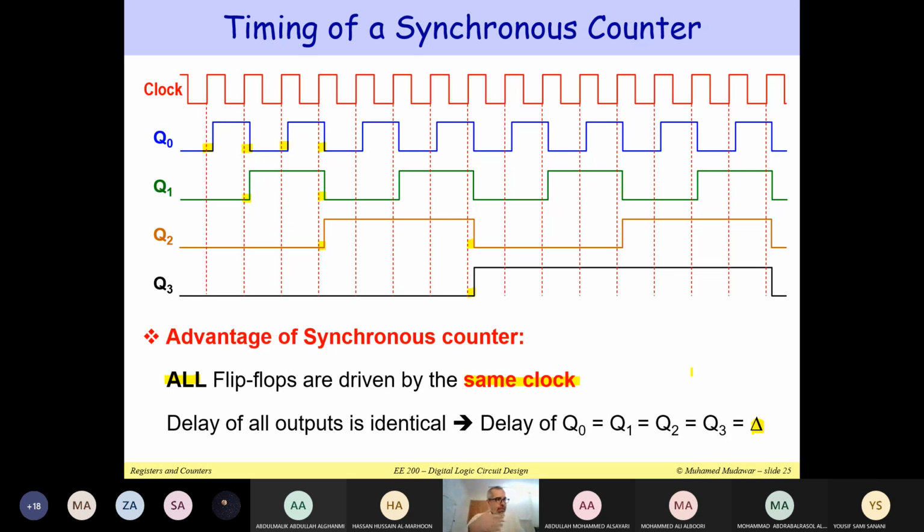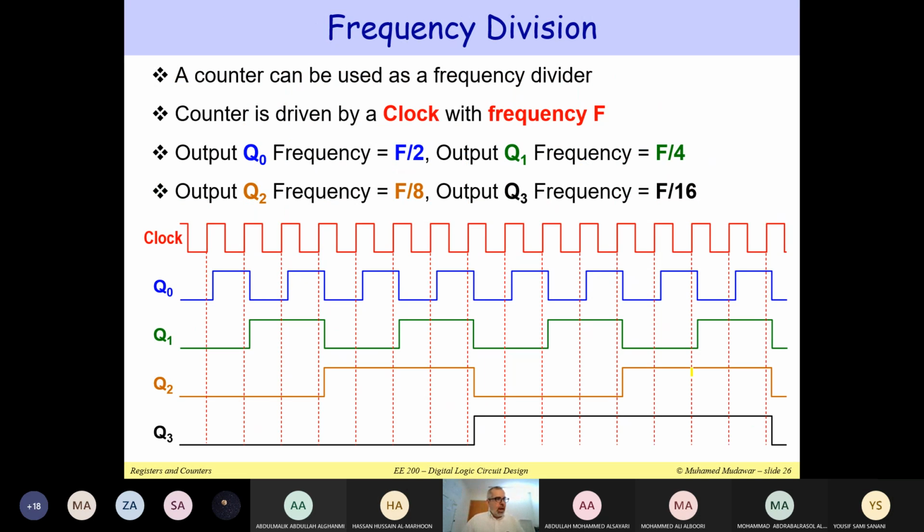Now let me tell you something sophisticated that you can do with counters, and this is also shown in your textbook. One thing is called frequency division. If you have a clock with a certain frequency f, so the clock frequency is f.